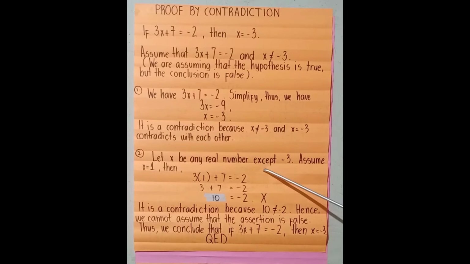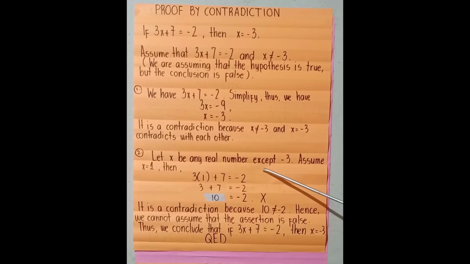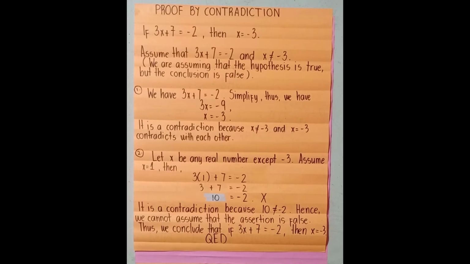The second solution: let x be any real number except -3. Assume x = 1, since 1 is not equal to -3. Then 3x + 7 = -2.